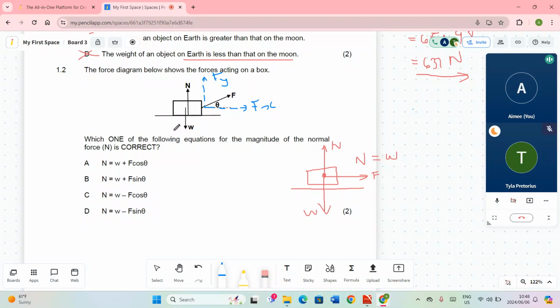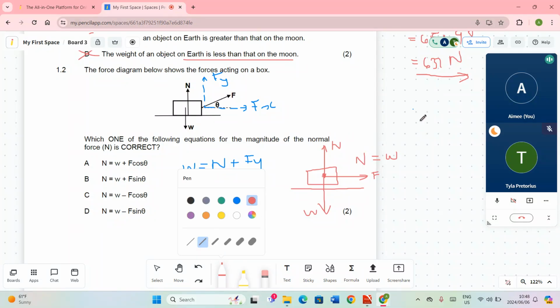Because now weight is not only equal to normal force, weight is equal to normal force plus your vertical component, plus your perpendicular component of the applied force. So now weight is equal to normal force plus Fy.